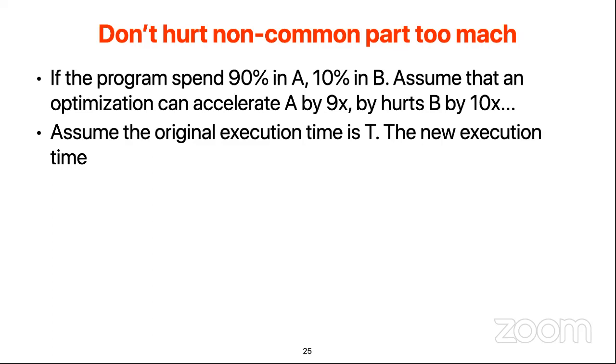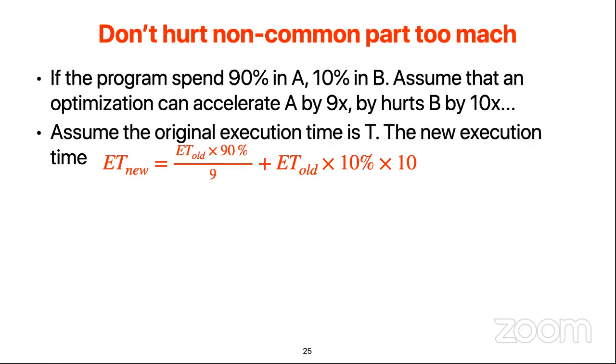What's the new execution time? Let's look at that. The new execution time will become, well, 90% of the old execution time gets a speedup of 9 times, but 10% of it gets slowed down by 10 times.